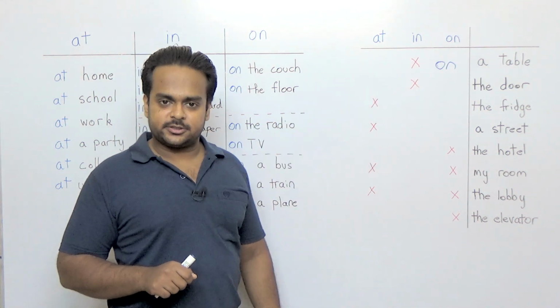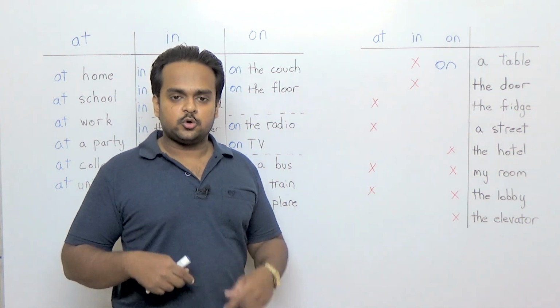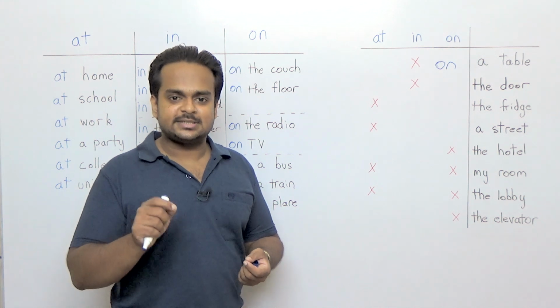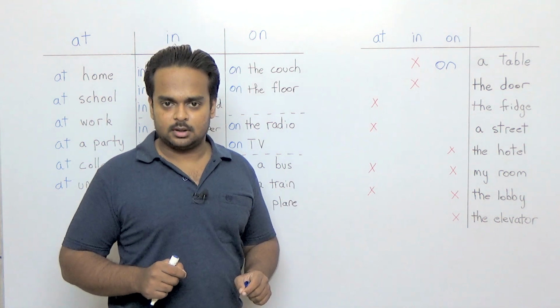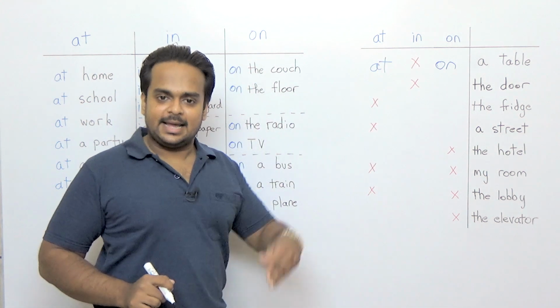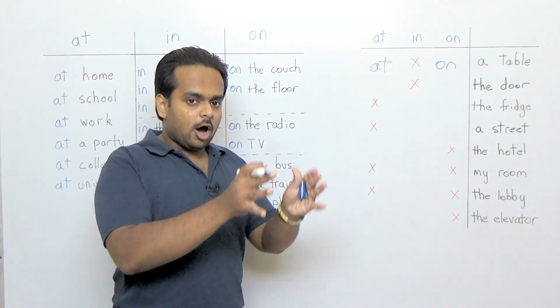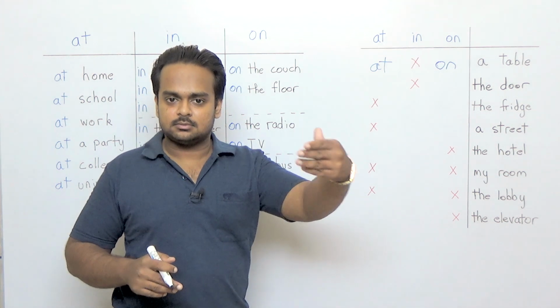But what about at? Can you use at? Well, yes. If you go to a restaurant, you will sit at a table. That means that you're sitting next to the table, but you would be sitting on a chair, and you would be eating at the table.